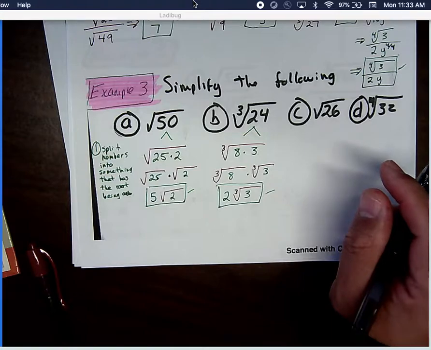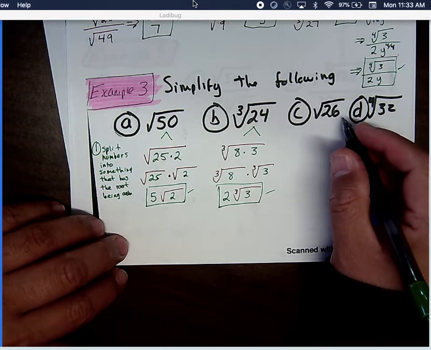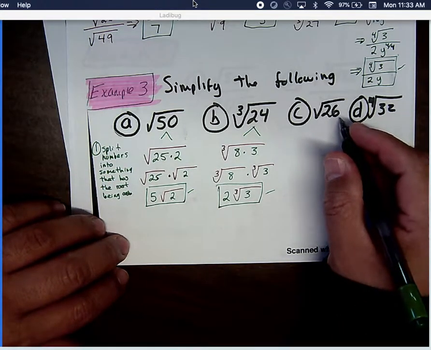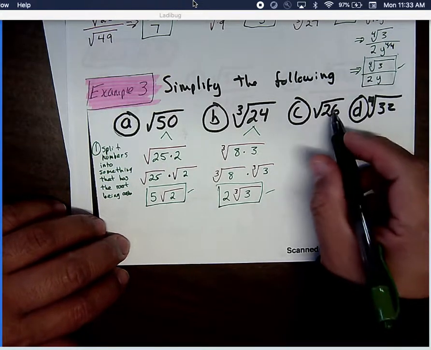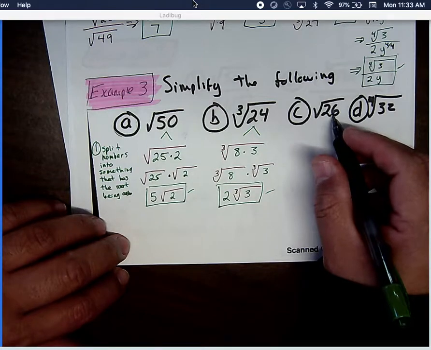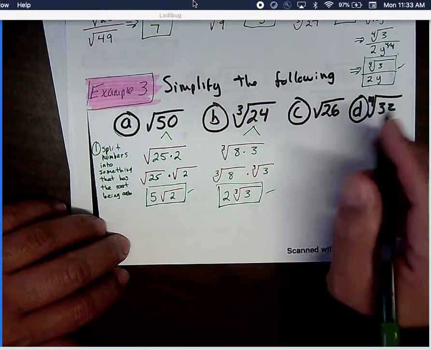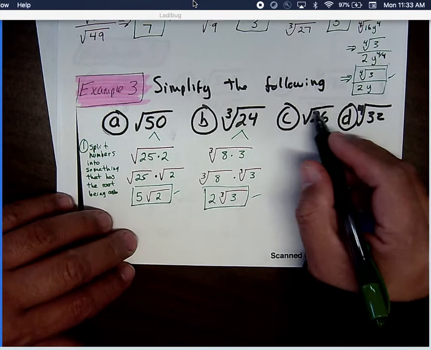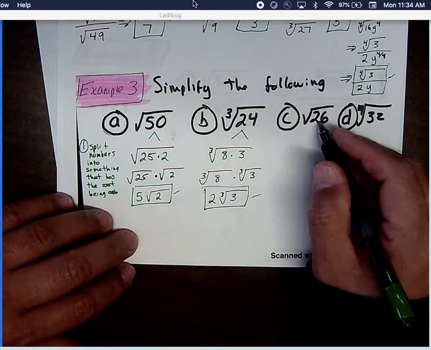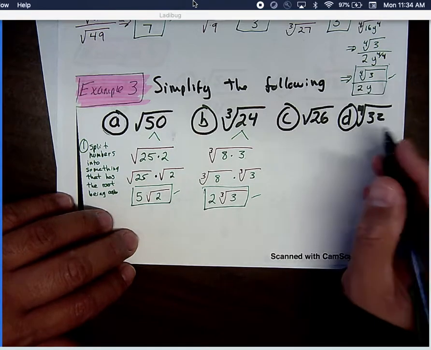So let's move on to example 2, C, I mean. So C, if you think about it, you can do what? 2 times 13, but you're talking about square root. So the square root of 2 doesn't have, the square root of 13 doesn't have anything.